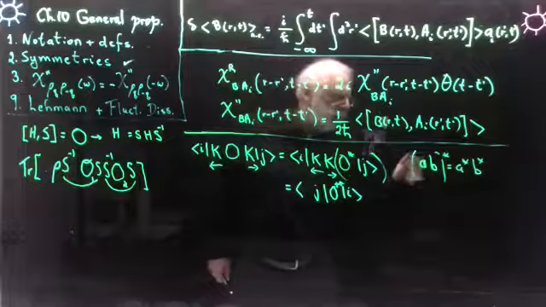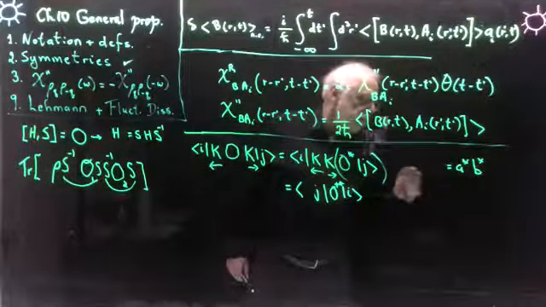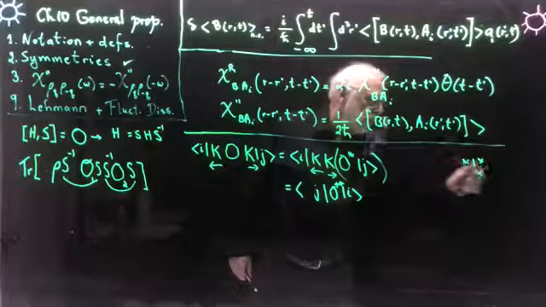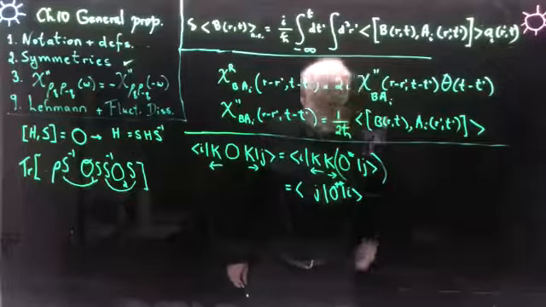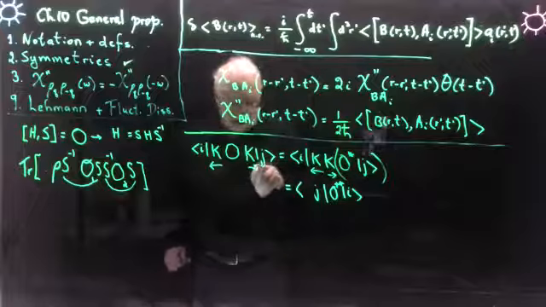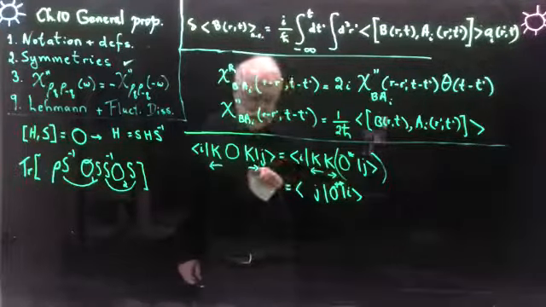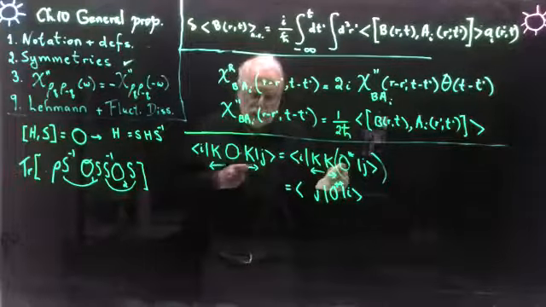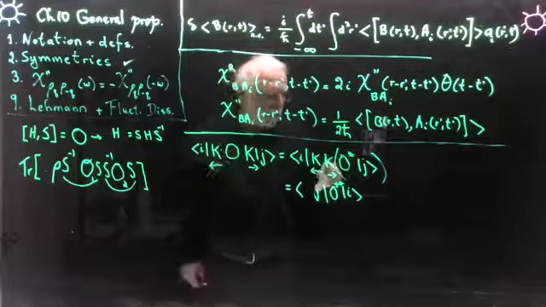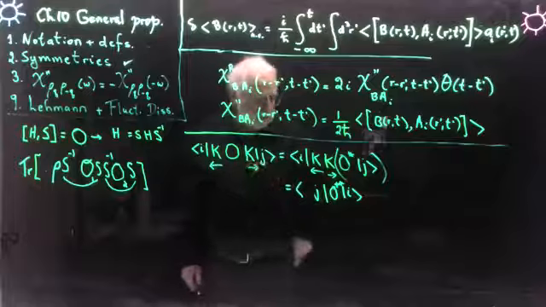That's all I'm using. I just put it on the other side, so that when the complex conjugation acts on this, it's equal to this.